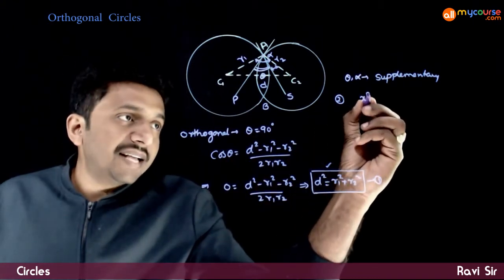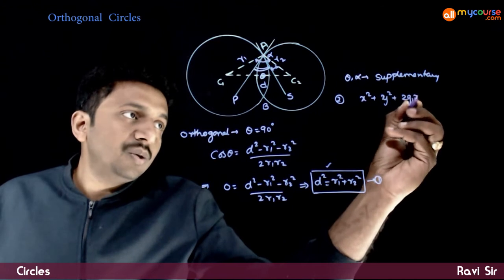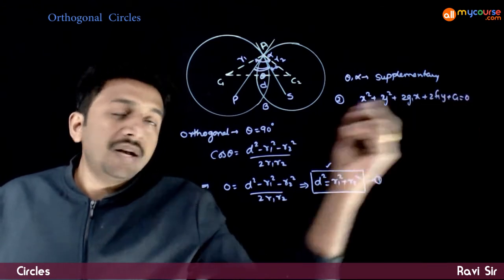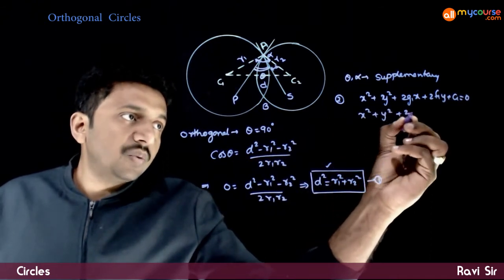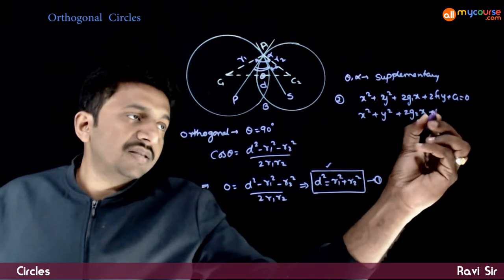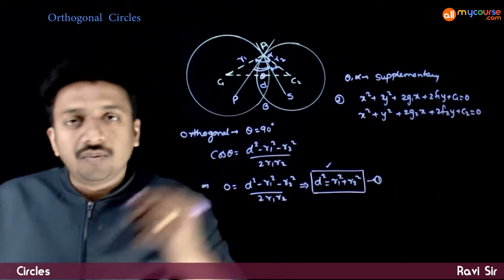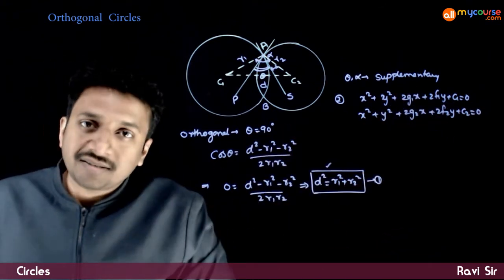So let us say that x square plus y square plus 2g1x plus 2f1y plus c1 is equal to 0, x square plus y square plus 2g2x plus 2f2y plus c2 is equal to 0. So let us say that these two are the circles.